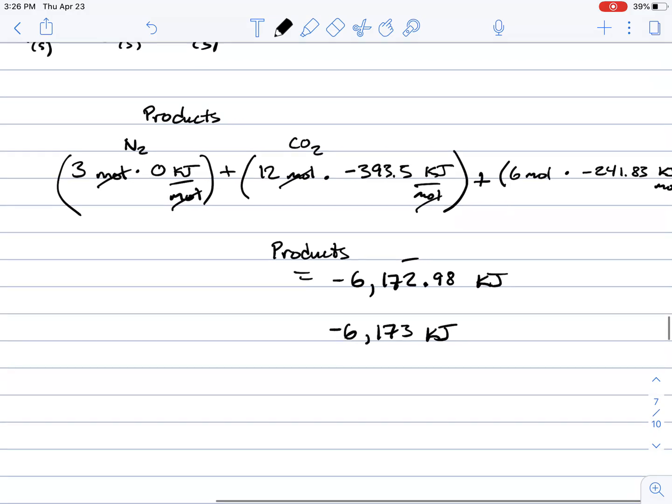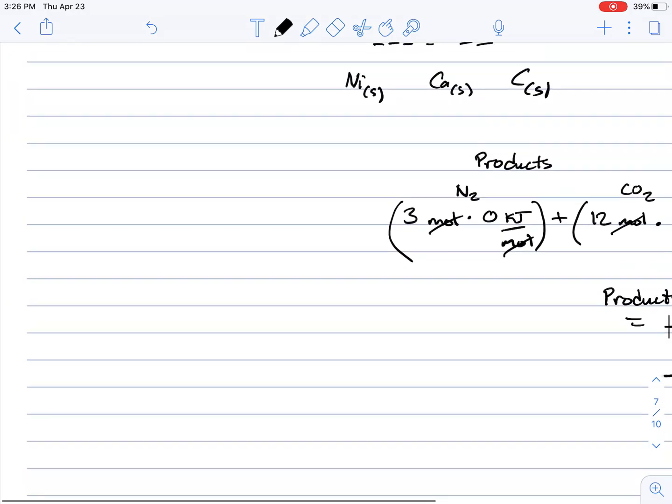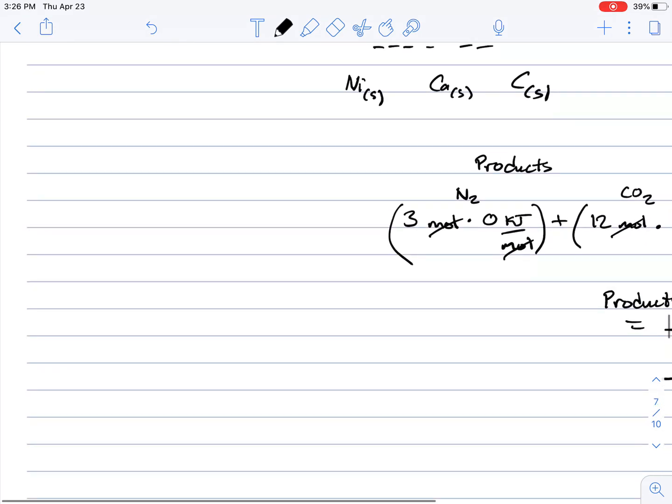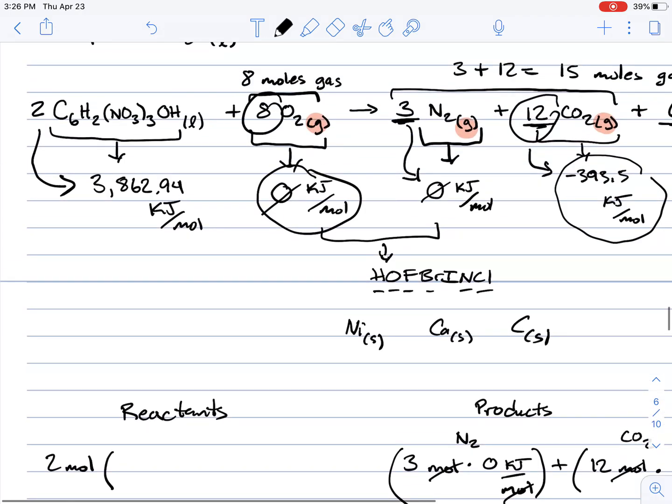All right, and that's only on the product side. We have to do the same thing for the reactant side. For the reactant side, here we have 8 times 0, so that's 0. That only leaves me with one calculation, really. That's going to be 2 moles times 3,862.94 kilojoules per mole.